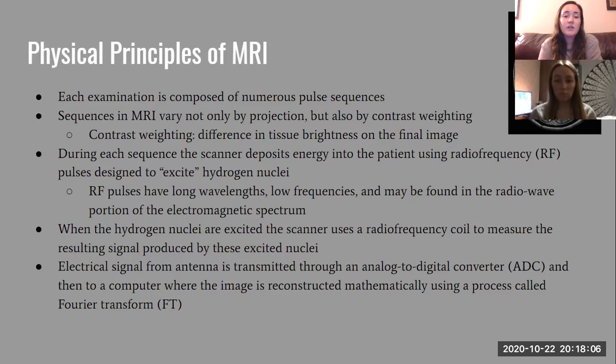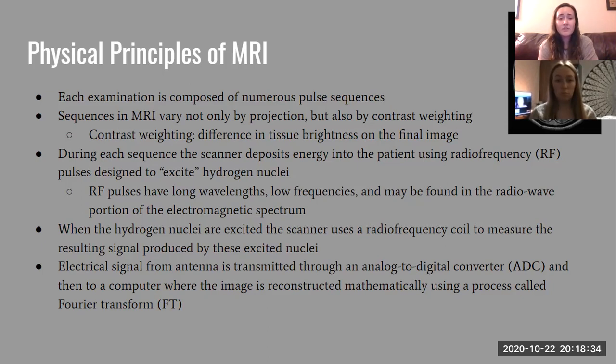When the hydrogen nuclei are excited, the scanner uses a radio frequency coil to measure the resulting signal produced by these excited nuclei. Electrical signal from the antenna is transmitted through an analog to digital converter, or ADC, and then to a computer where the image is reconstructed mathematically using a process called Fourier transform, or FT.